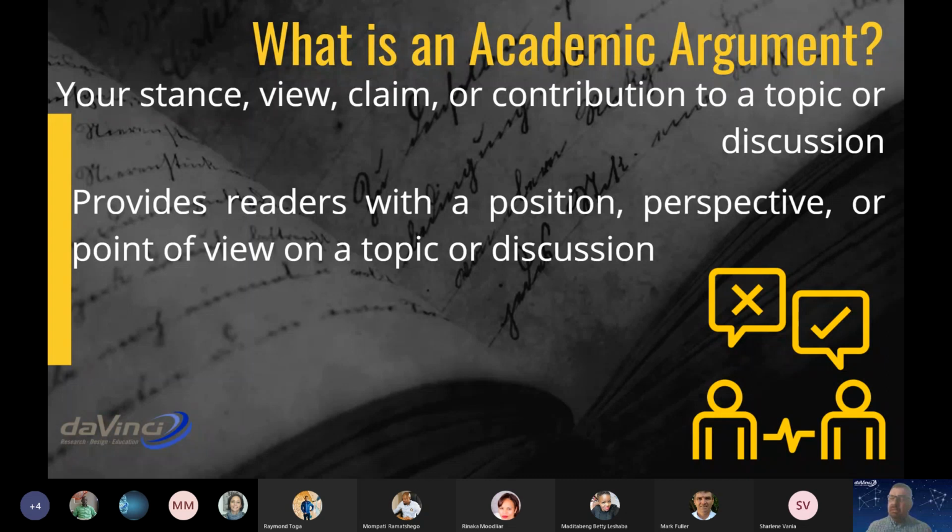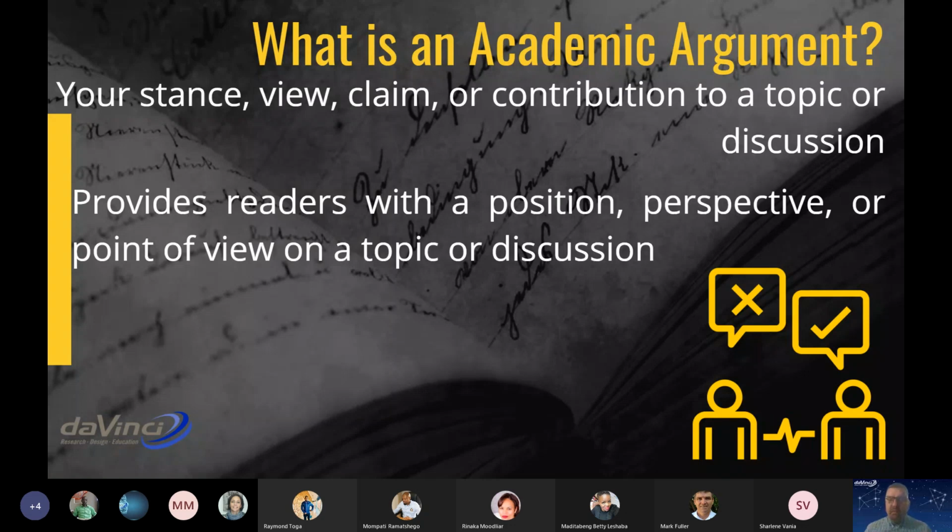So while it's not two people in a ring and we're not physically fighting, you are fighting for a position in a larger body of knowledge, in a larger discussion. And as people contribute to this discussion, weaker contributions are fleshed out.